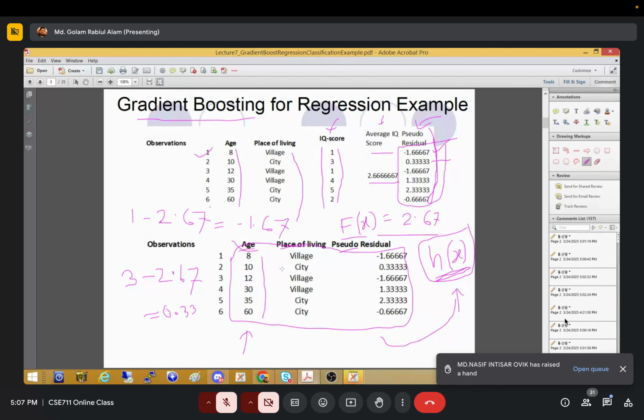Luckily, it is already sorted: 8, 10, 12, 30, 35, and 60. So that's our bonus here.